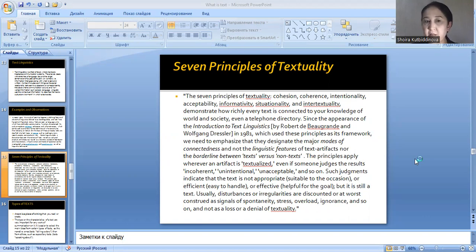But it is still a text. Usually, the disturbances or irregularities are discounted or at worst construed as signals of spontaneity, stress, overload, ignorance, and so on, and not as loss or denial of textuality.